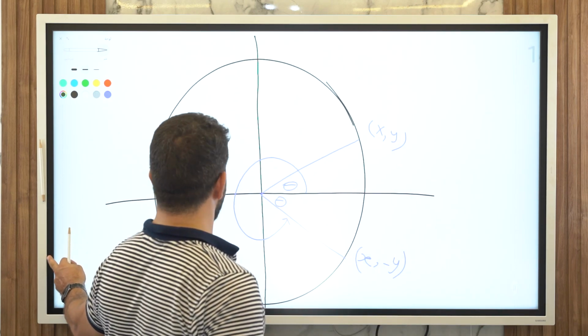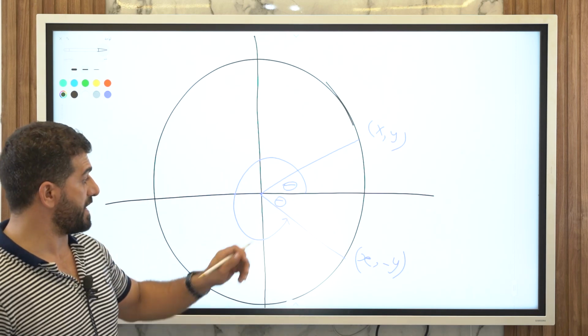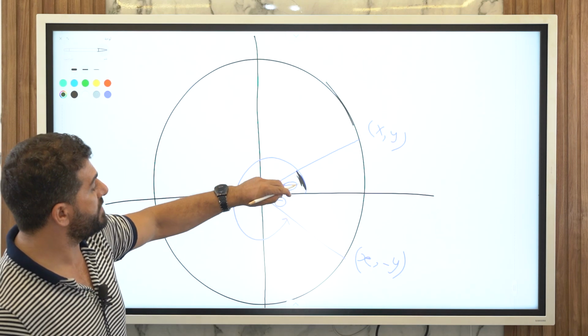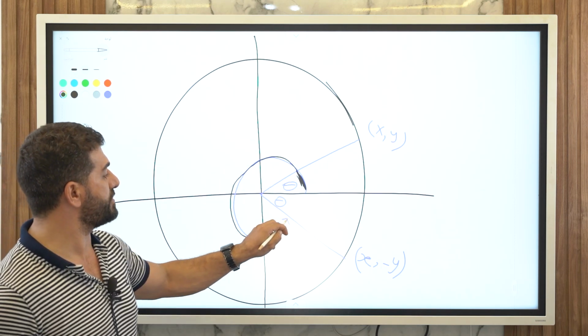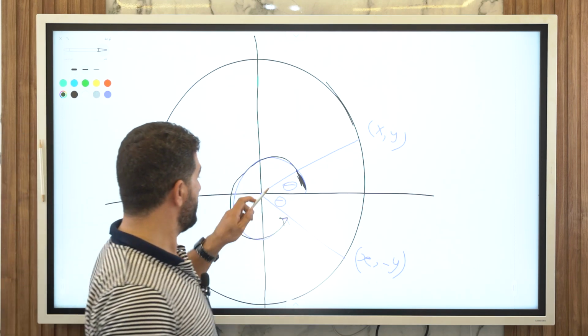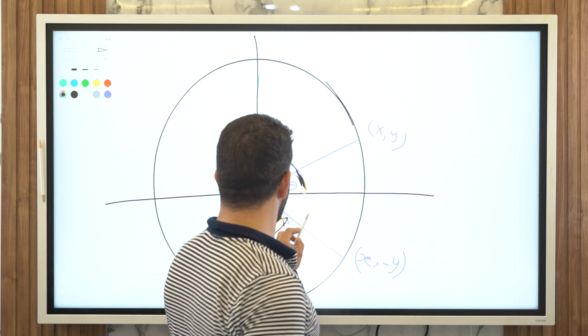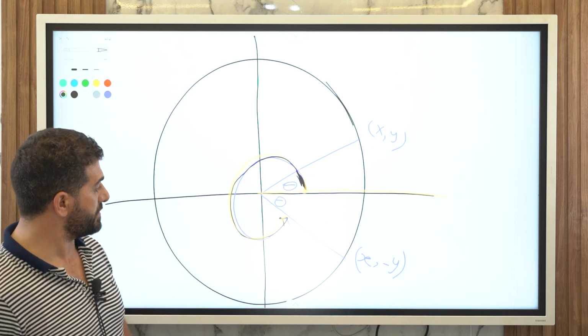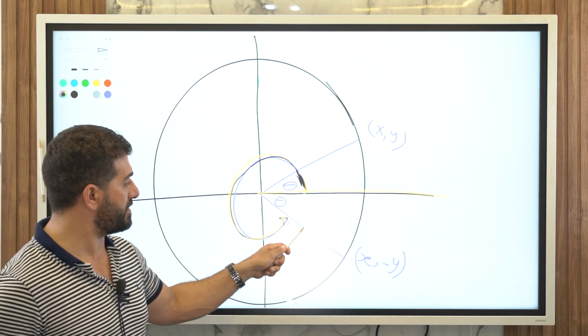What about this angle here? We have two angles. This angle here is theta in its standard position, and this angle is 360 minus theta in its standard position. So we take this side as the initial side, and the terminal side is this side.